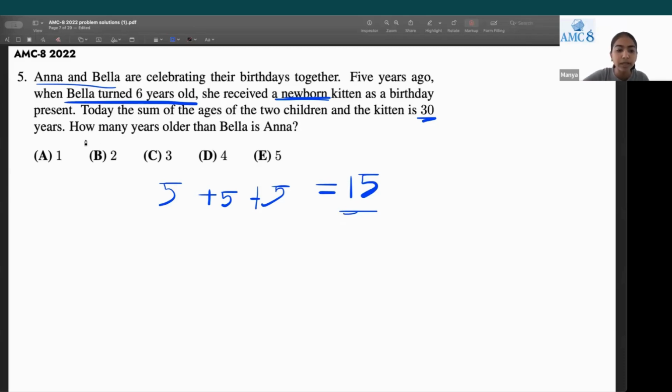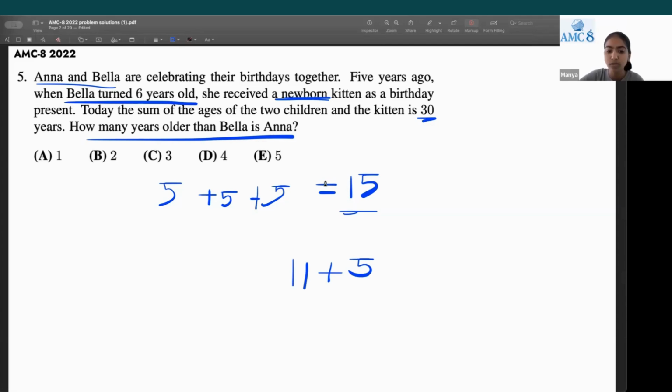So how many years older is Anna than Bella? Now we know that Bella is going to be 6 plus 5 years old, which is 11. So Bella is 11 years old. The newborn kitten is going to be 5 years old since it was just a newborn kitten 5 years ago.